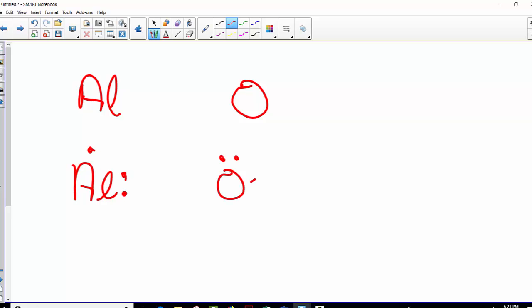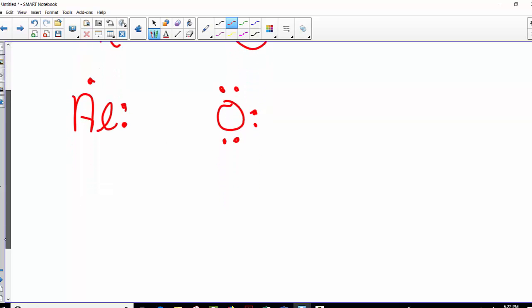Oxygen has 6. Now what I want you to do is make me a nice ionic compound using these Lewis dots and this movement of electrons, just like I've shown you, to show me the aluminum cations and the oxygen anions that make a neutral compound.